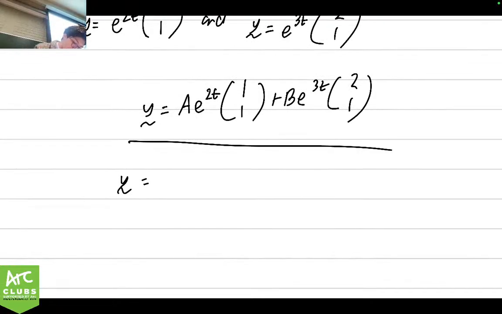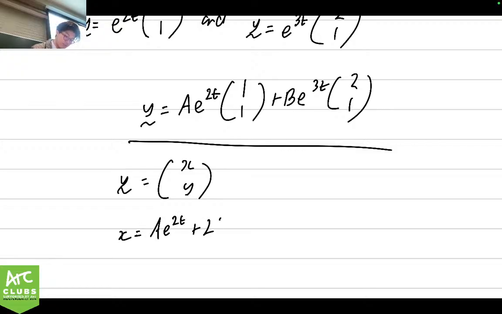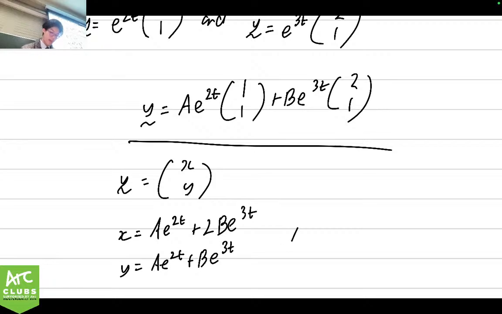Because y equals x, y, we'll have our final solutions to the differential equation: x equals a e to the 2t plus 2b e to the 3t, and then y will just equal a e to the 2t plus b e to the 3t. So we're just equating the x and y components, and this is for a and b being real constants.